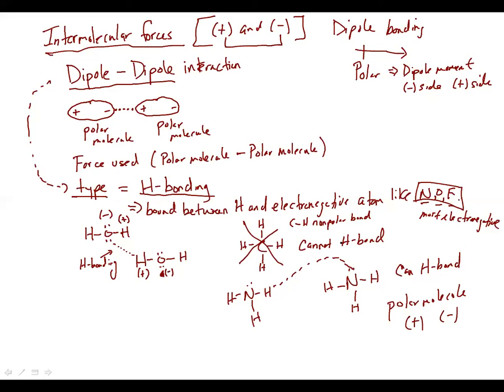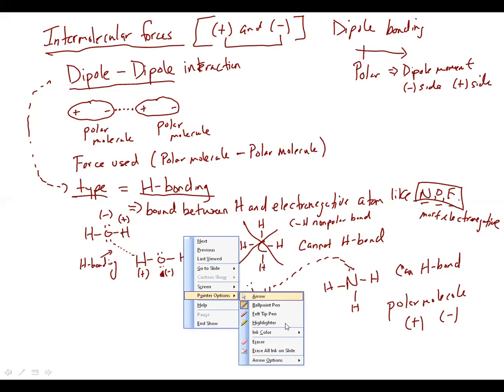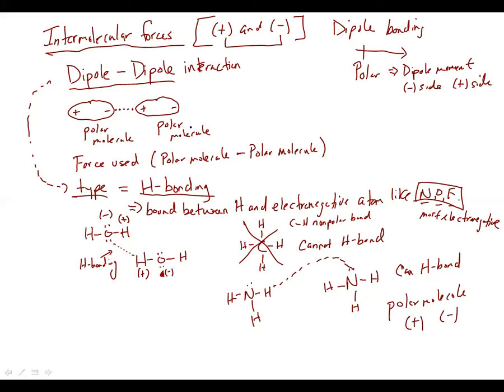And when we talk about these two in terms of strength, actually hydrogen bonding is a much stronger intermolecular force than the dipole-dipole. So this guy is the strongest. This is the next strongest.